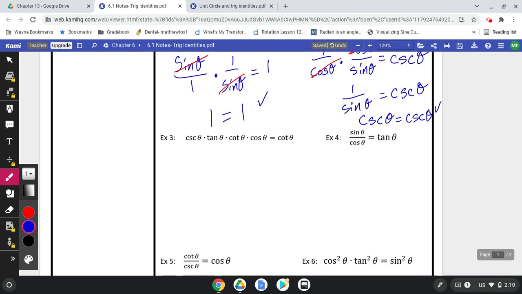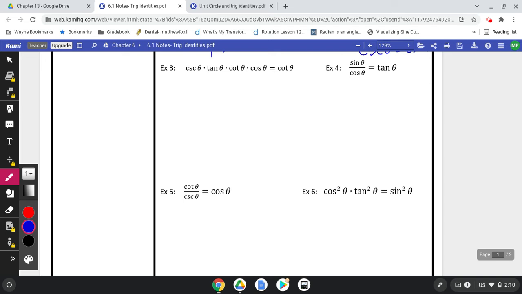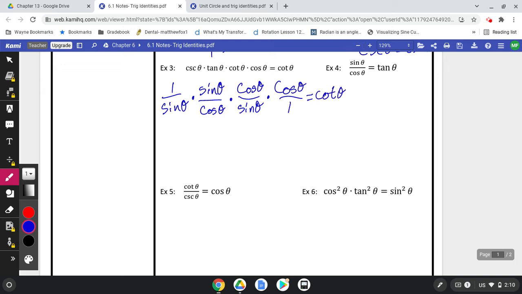All right, if you'd like, pause it and try the next one. But cosecant, if I rewrite that, it's going to be 1 over sine. Tangent is sine over cosine. Cotangent is cosine over sine. And finally, then cosine over 1. And all of that will be cotangent of theta.